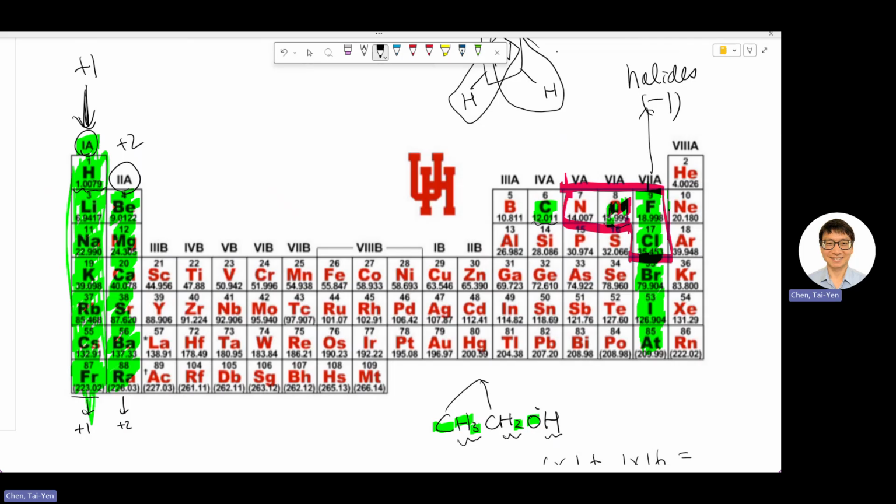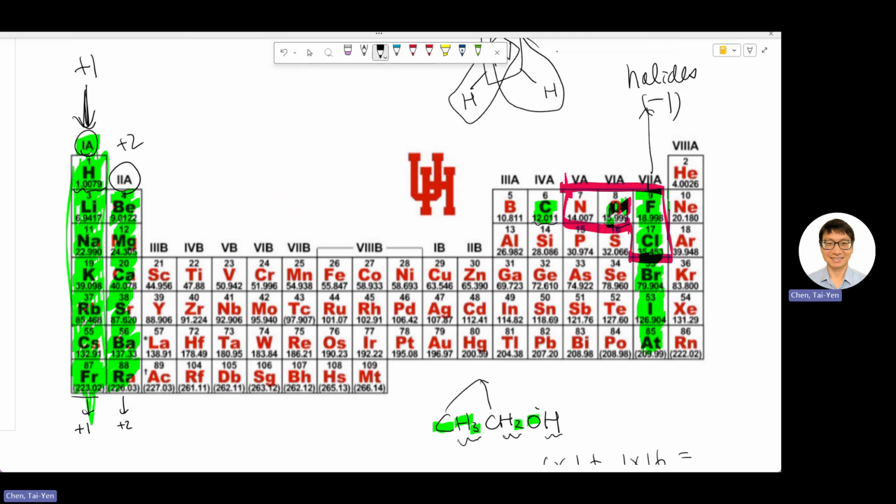The periodic table is arranged in a very specific and logical way, so you need to use that to help you study. How about the things in the 7A column? Fluoride, chloride, bromide, iodide, that column.